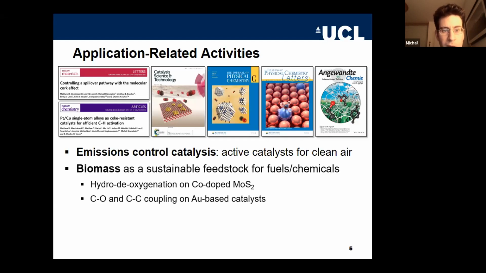We're looking into biomass as a sustainable feedstock for fuels and chemicals. Some example reactions that we're looking into are shown here. So hydrodeoxygenation on single copper atom dispersed on molybdenum disulfide. We're also looking into CO coupling reactions and CC coupling reactions on gold-based catalysts.